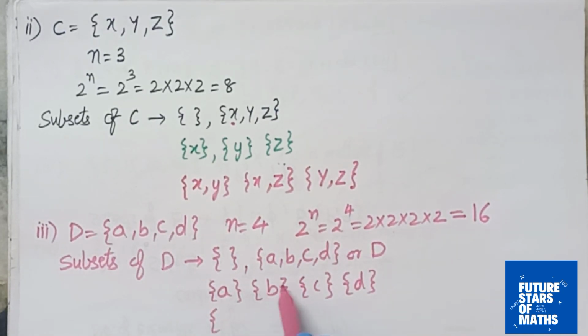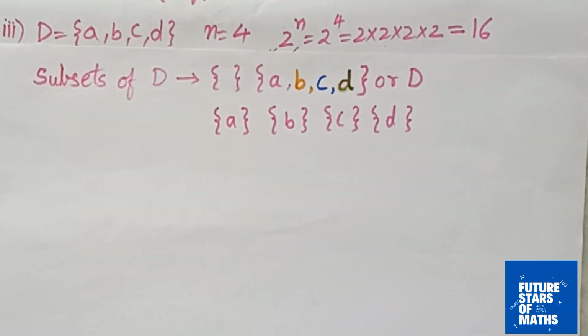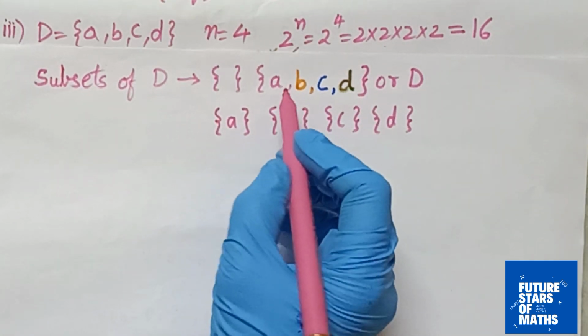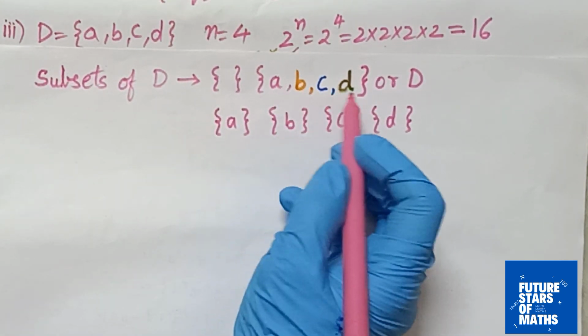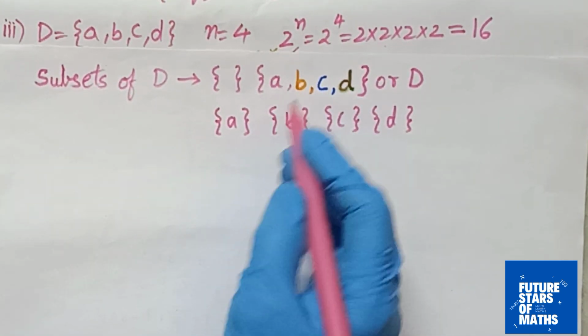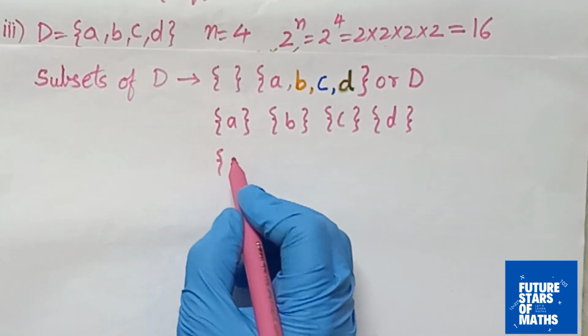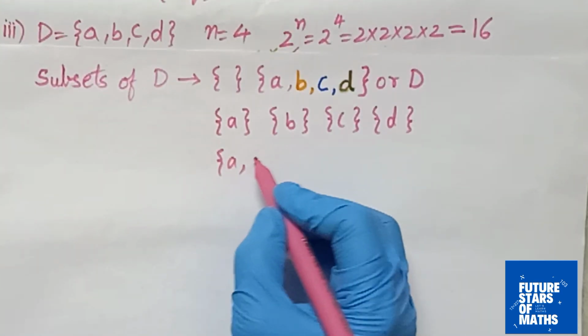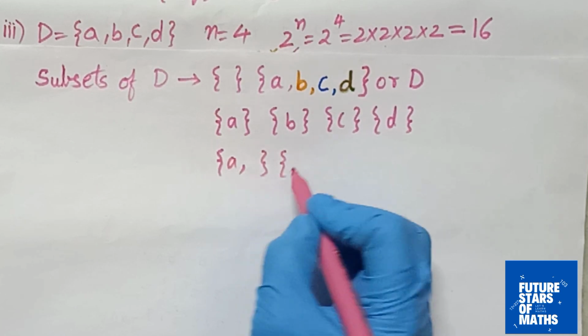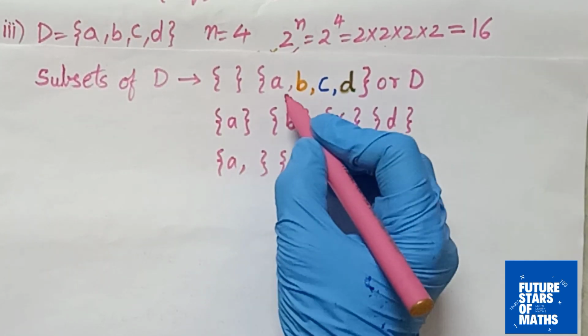After single elements are over, we will make the pairs. To understand better, I have changed the colors of B, C and D, so that we can make pairs easily. First we will pair all these elements with A. How many times can we write A?